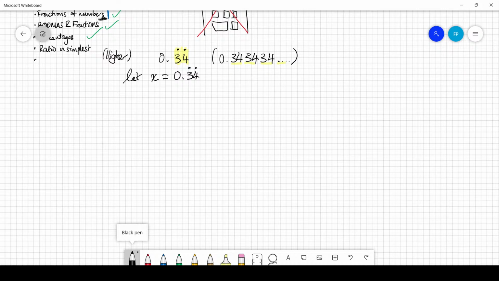And what we do then, we will shift this number 2 places to the left. So we'll multiply by 100. So we'll have 100x. And we'll get one chunk of this recurring bit to the left of the decimal point. So we'll get 34, and it will still get 34 recurring because it's infinite.